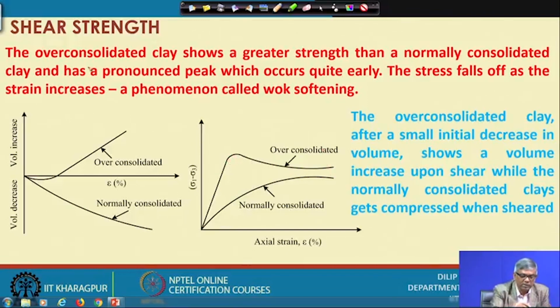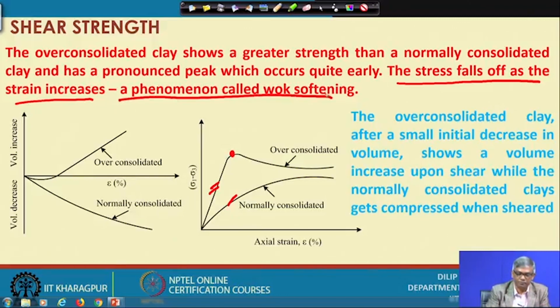So, the over consolidated clay shows a greater strength than normally consolidated, and has a pronounced peak, whereas normally consolidated does not have any peak, and the stress falls off as strain increases. That means, beyond this if you increase strain further, the strength value reduces, and that phenomenon is called work softening.